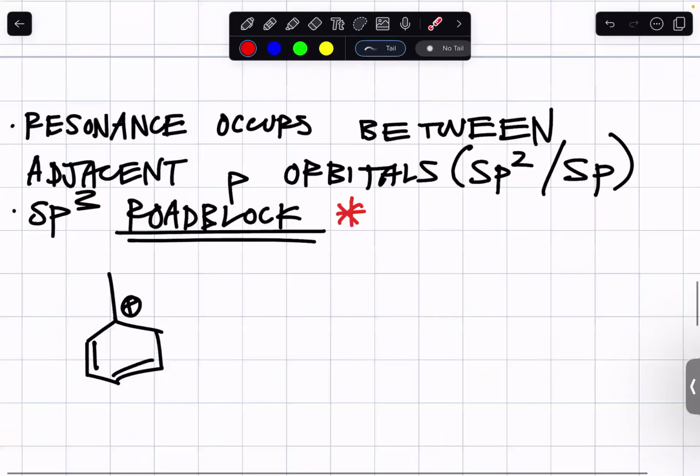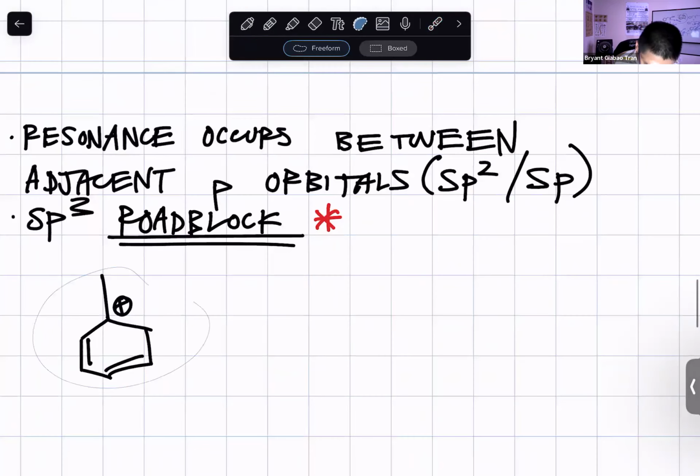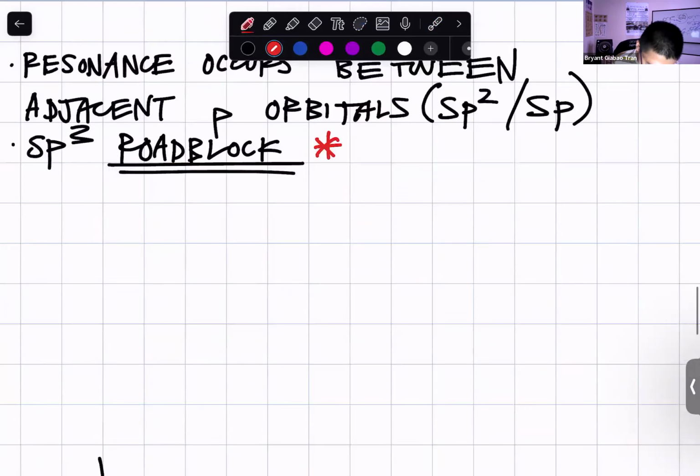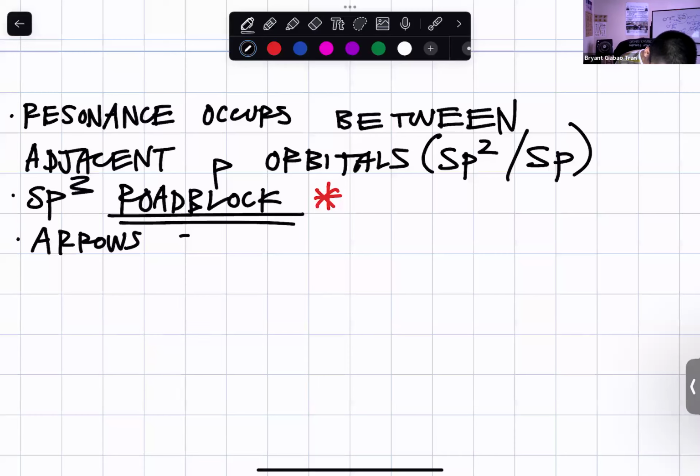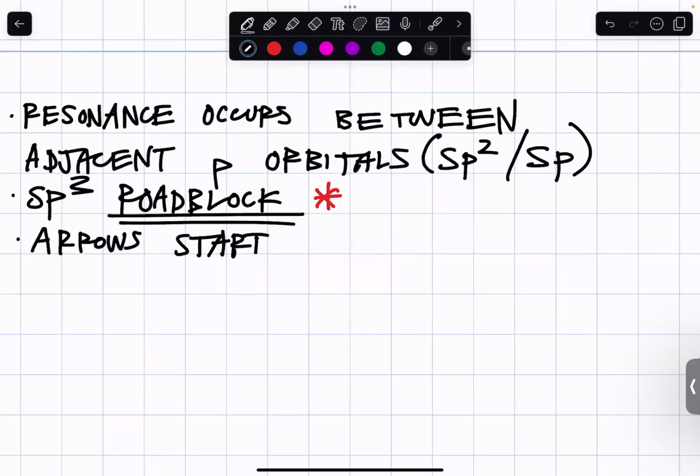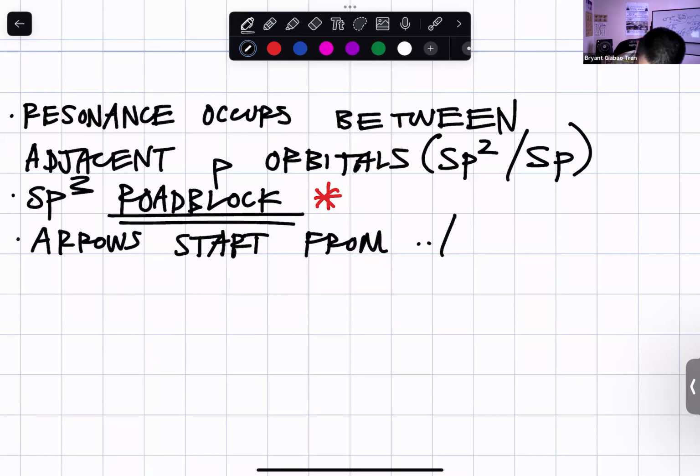So another tip for resonance that you can look out for is that arrows start from a pair of electrons or a double bond, right? Double-headed arrows. We're not talking about single-headed arrows, so we're not talking about radicals here.